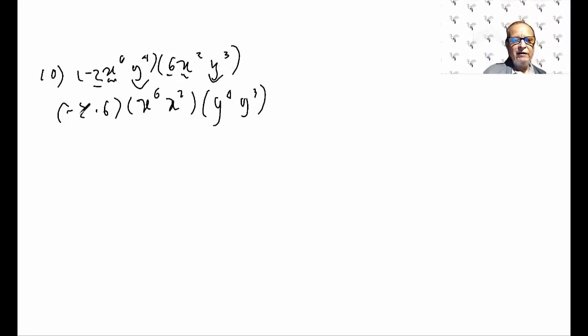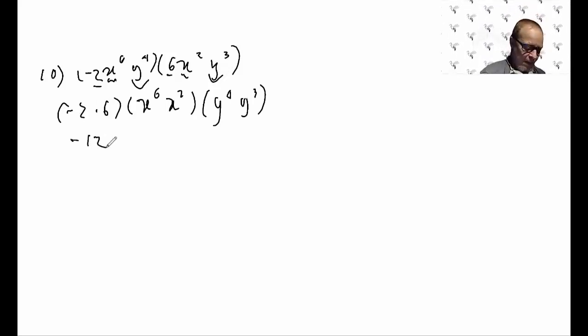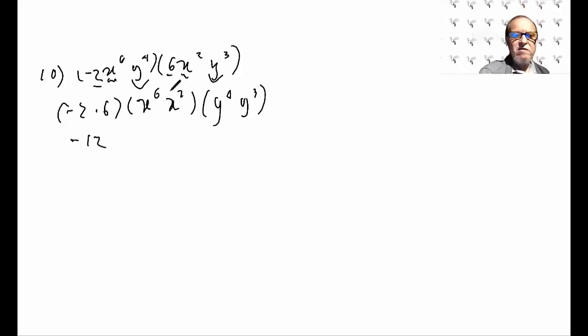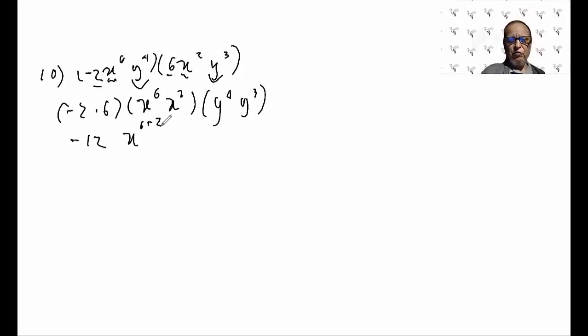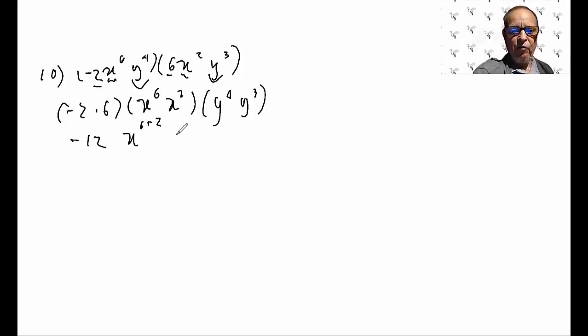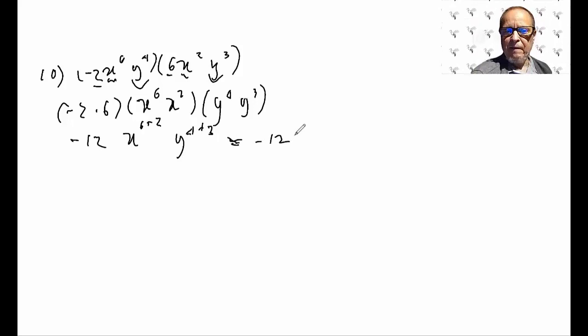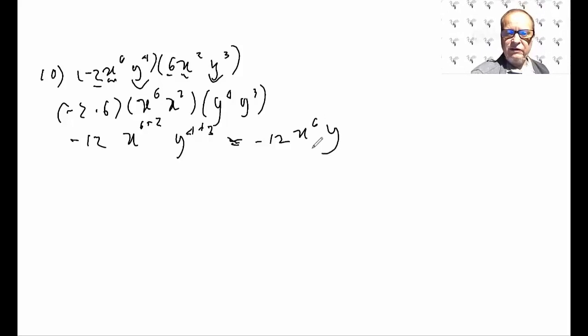So I see that negative 2 times 6 is negative 12. And then I use my exponential property for this, so I add them, 6 plus 2, and then my y, 4 plus 3, and that's going to be equal to negative 12 x to the 8th, y to the 7th.